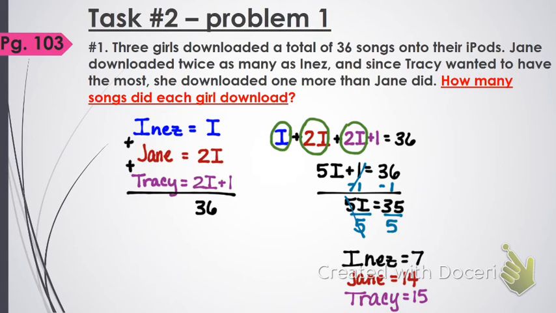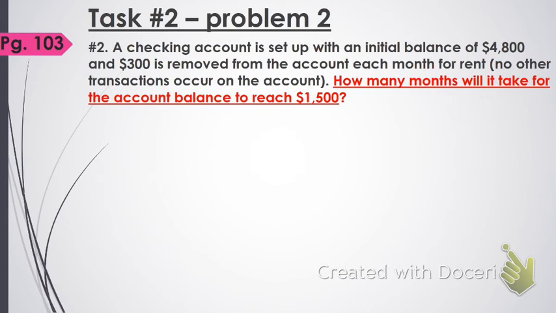What about number 2? Because number 2 was pretty different. People that had number 2, what did you do? What did we do to figure out number 2? Nicely done.